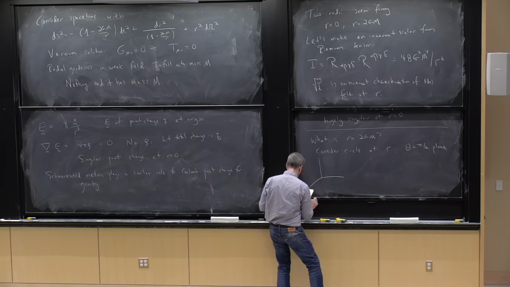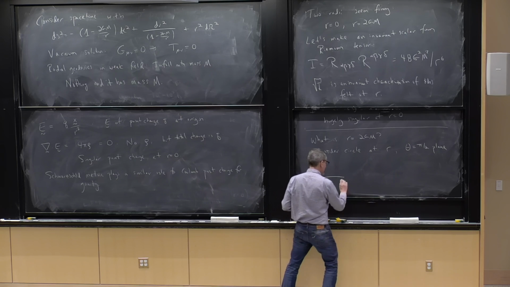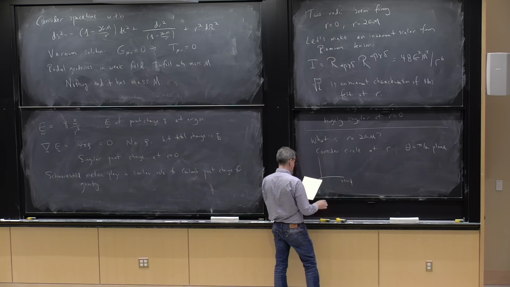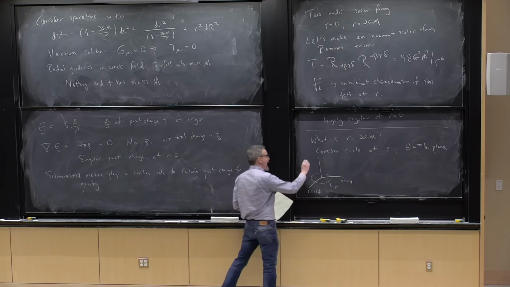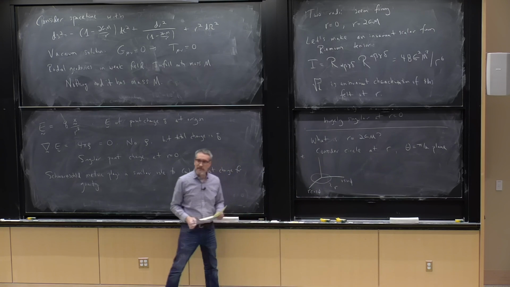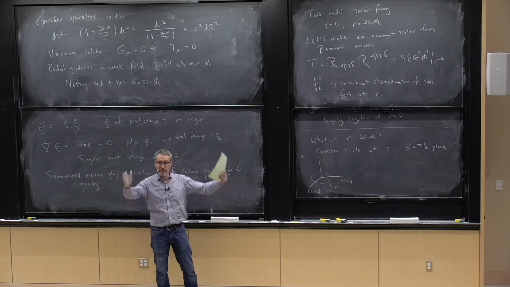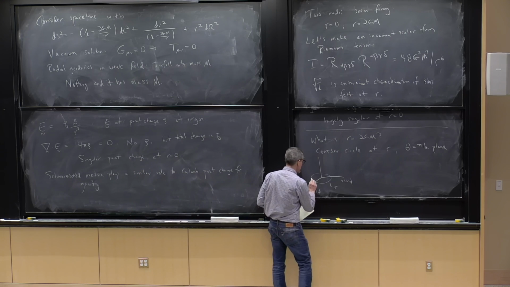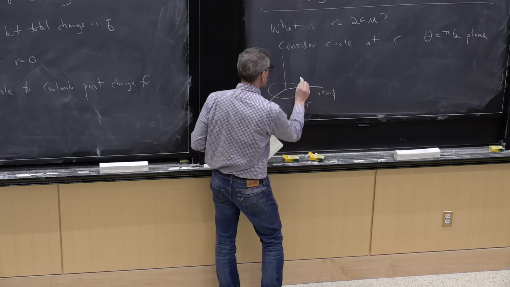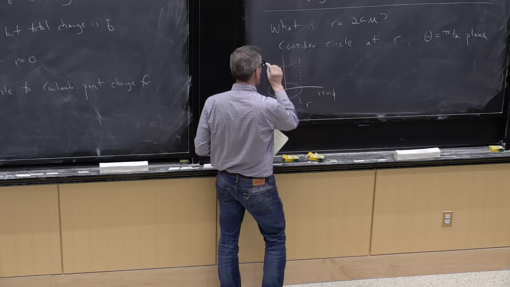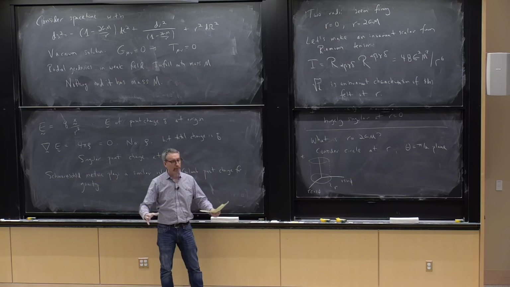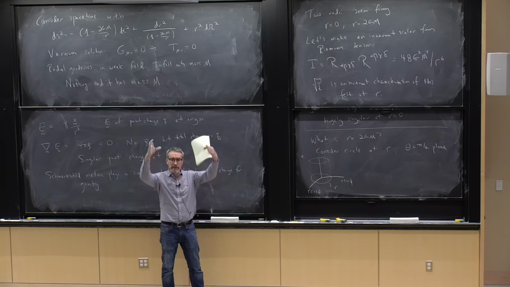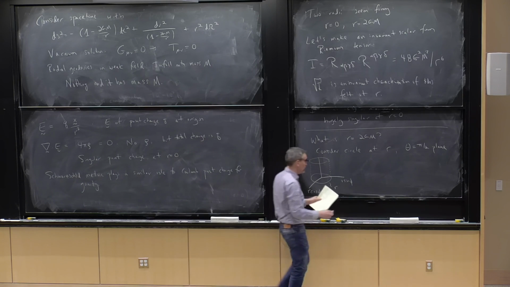So here is my r cosine phi axis, here is my r sine phi axis, here is my circle of radius r. And let's ask, what is the surface area that this guy sweeps out as it advances forward in time? So as this thing goes forward in time, it sort of sweeps out a cylinder in a space-time diagram. Let's compute the proper area associated with this cylinder that this circle is sweeping out as it moves forward in time.